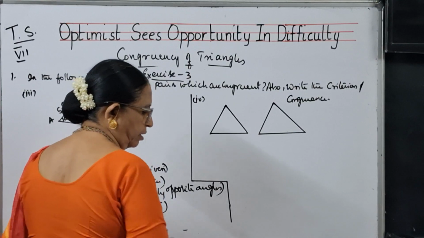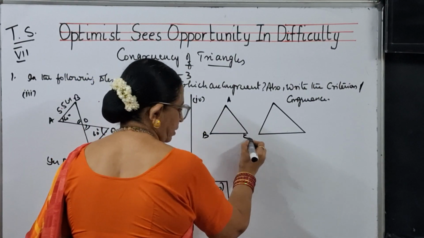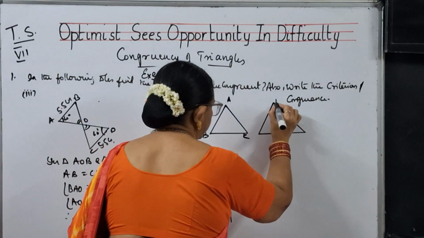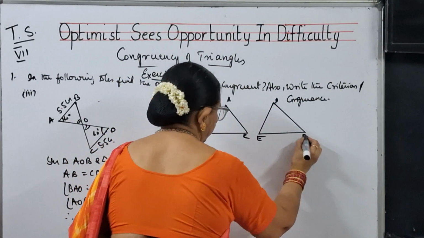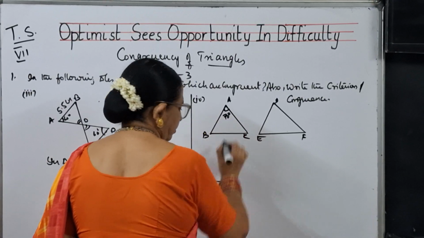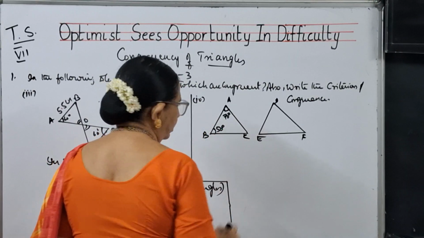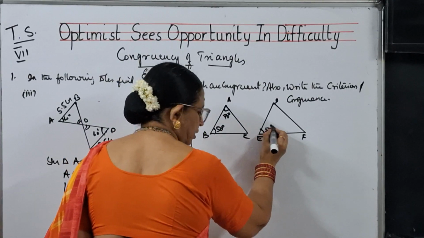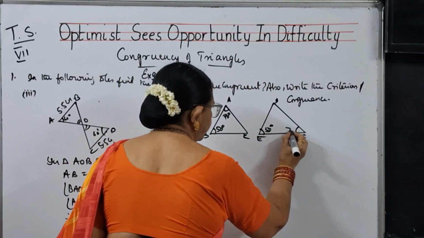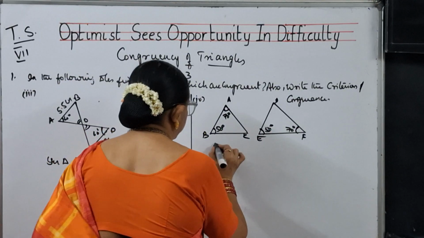In these triangles, A, B, C and D, E, F, angle A is 70 degrees and angle B is 50 degrees, angle E is 50 degrees, angle F is 70 degrees. So, let us see.